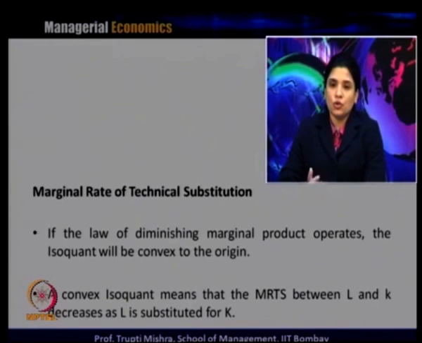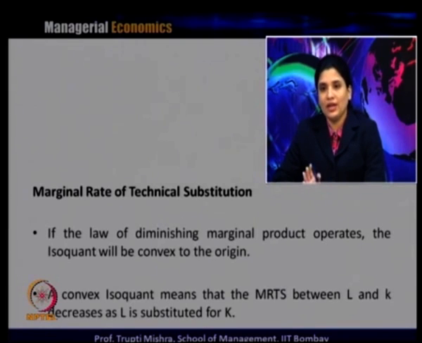A convex isoquant means that the marginal rate of technical substitution between L and K decreases as L is substituted for K, which we have already explained through the graph. If you go on substituting capital for labor, eventually the slope decreases, and that is the reason the isoquant follows a convex shape.